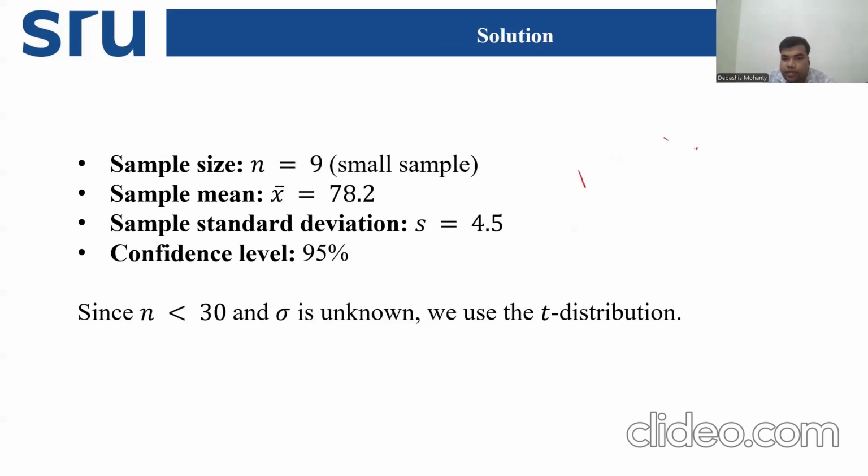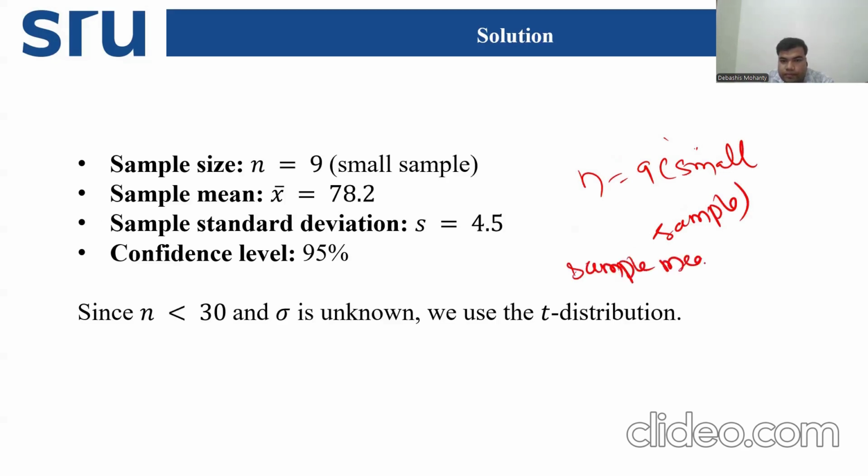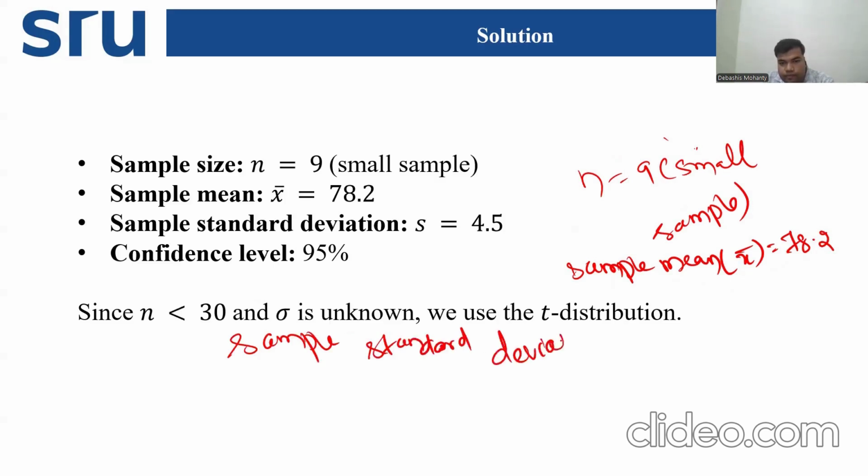Let's come to the information that is given. I will write here n equals 9. That is the small sample. Sample mean, x bar is given as 78.2. Sample standard deviation, s is given as 4.5.